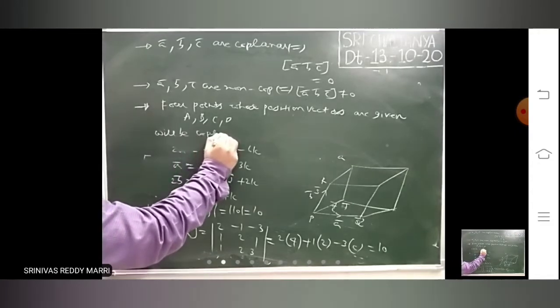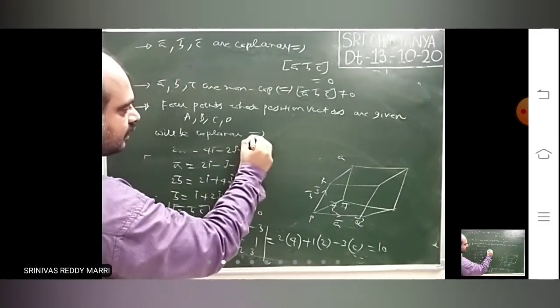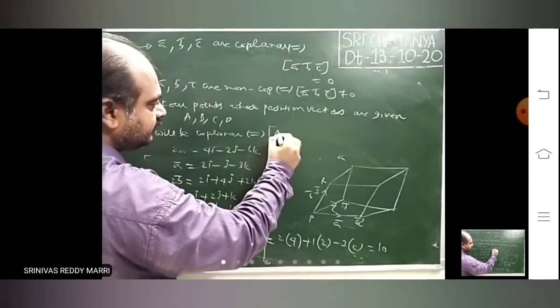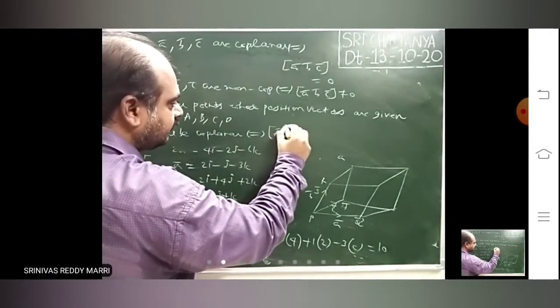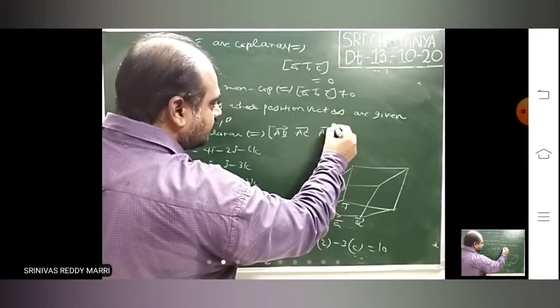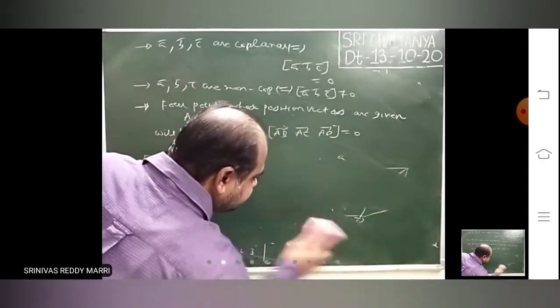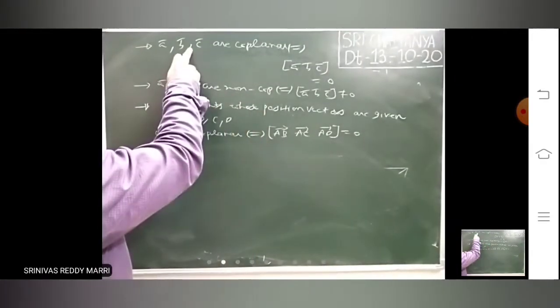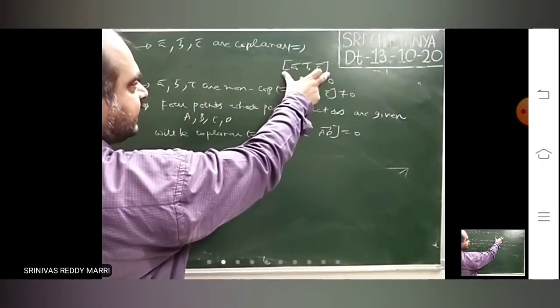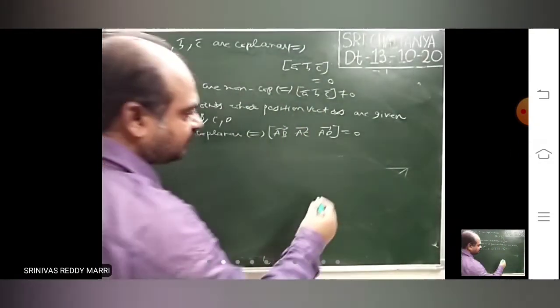They will be coplanar if and only if the scalar triple product is equal to 0. That means the 4 points must lie in a plane. With 3 vectors, if the scalar triple product is 0, they are coplanar; not equal to 0, non-coplanar.